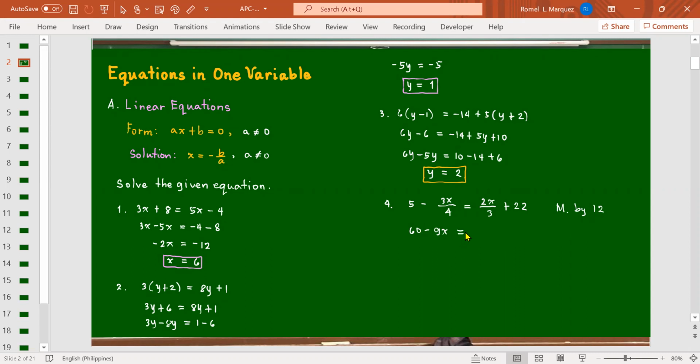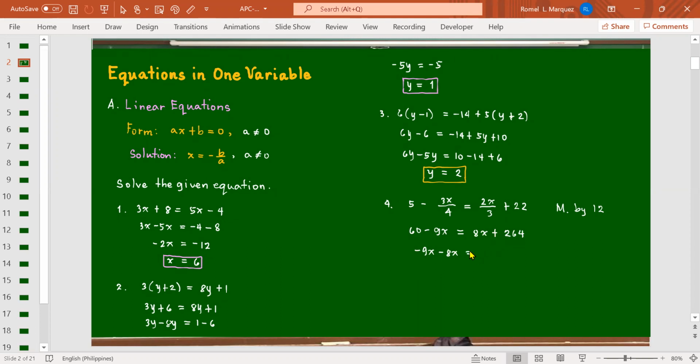Then on the right side, 12 divided by 3, that is 4 times 2x, getting 8x. Then plus 22 times 12, that is 264. Collecting those terms with variables, we have negative 9x minus 8x, by adding on each side negative 8x.